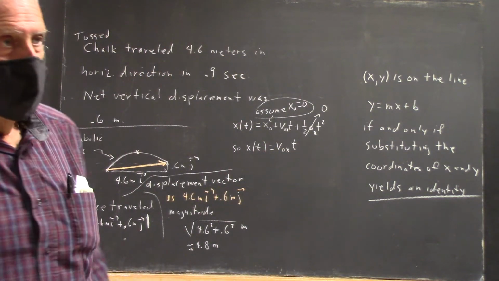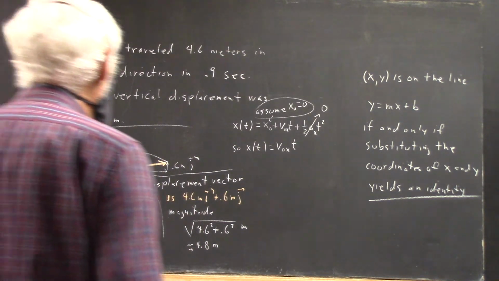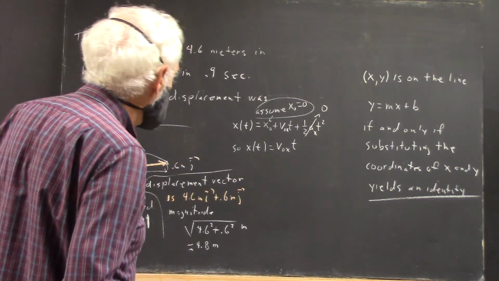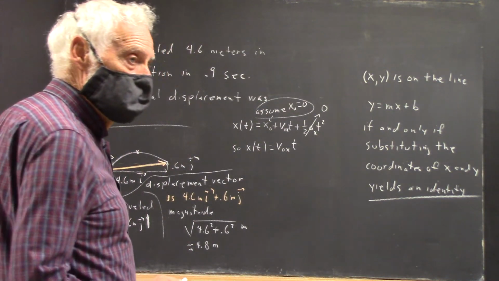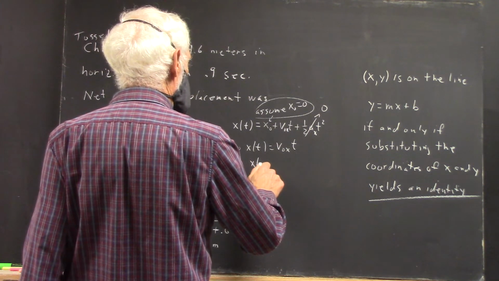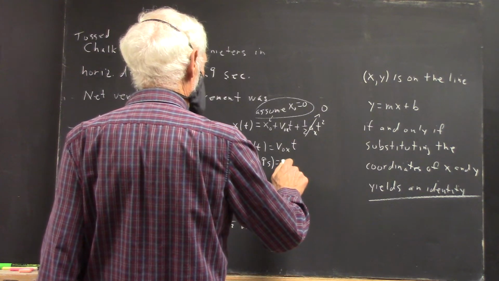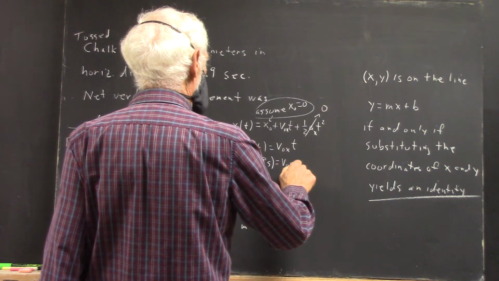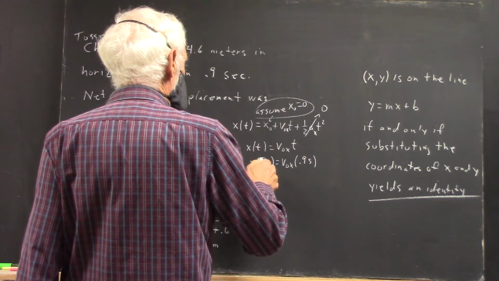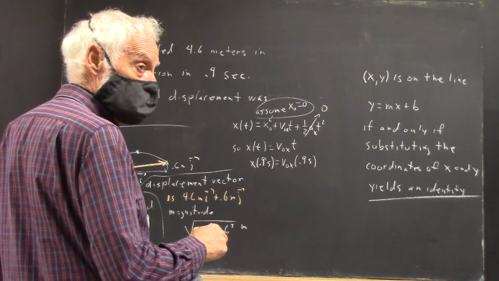X of t equals V0x times t. And what information do we have? Well, we have x of 0.9 seconds equals V naught x times 0.9 seconds. X at 0.9 seconds, that's not multiplication, that's function notation.